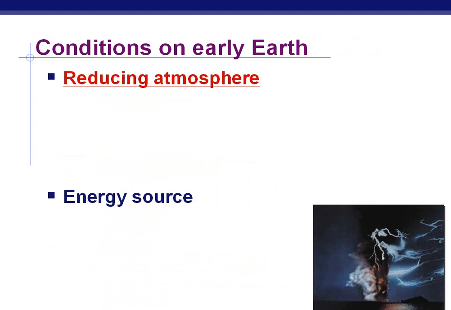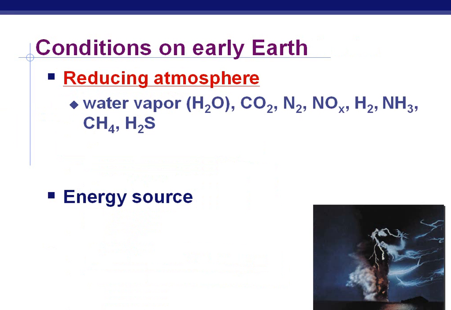It's quite probable that there was a reducing atmosphere on the Earth, and it contained these gases: water vapor, carbon dioxide, nitrogen, various nitrogen oxides, hydrogen gas, ammonia, methane, and hydrogen sulfide, or sulfuric acid.